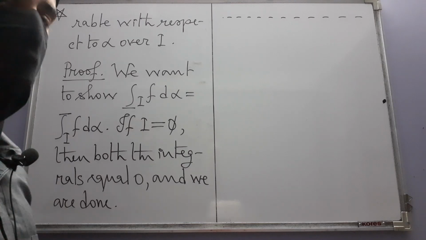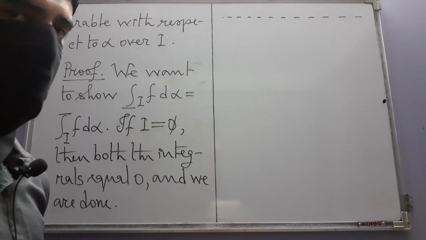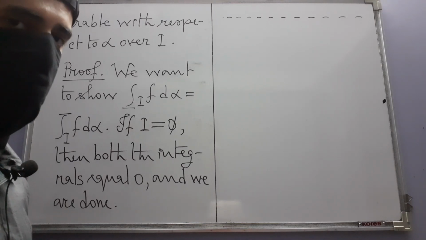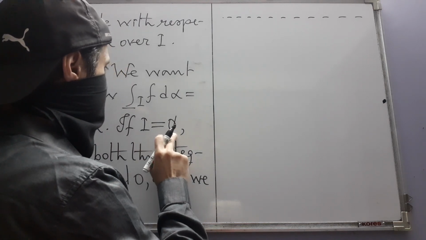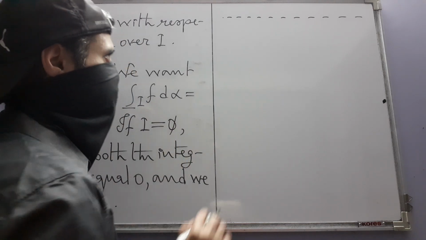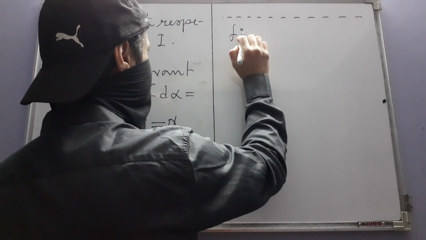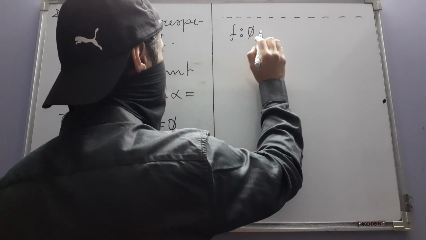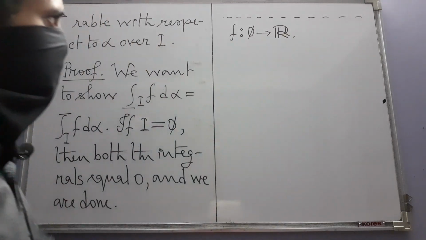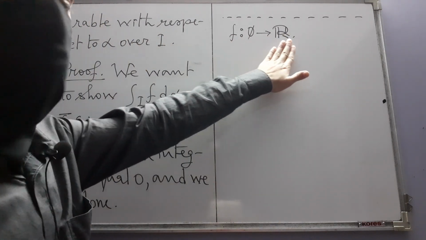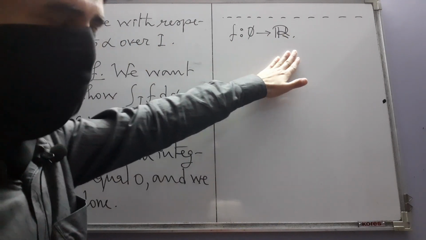It need not be a part of the proof because it is something very easy. If I is empty, what is the status of f? That means f is the empty function with range R.